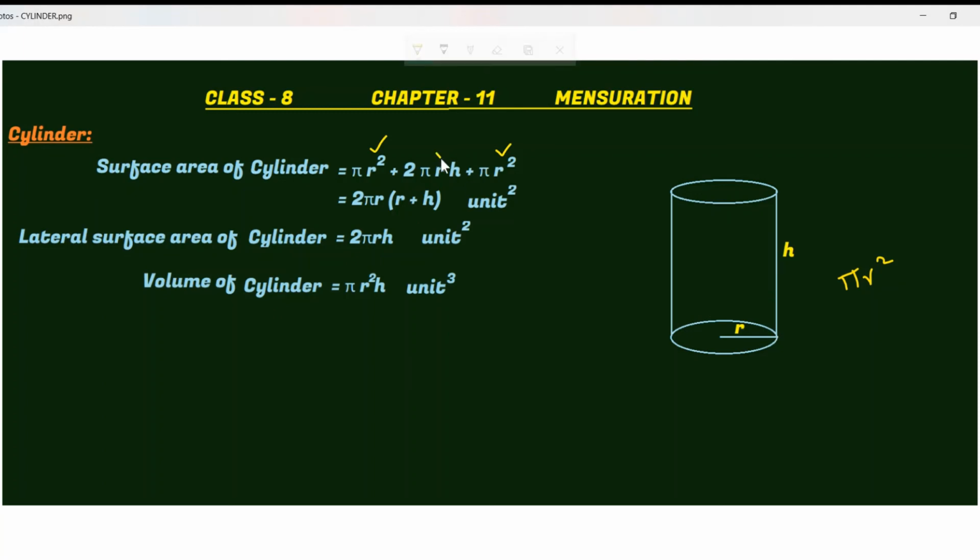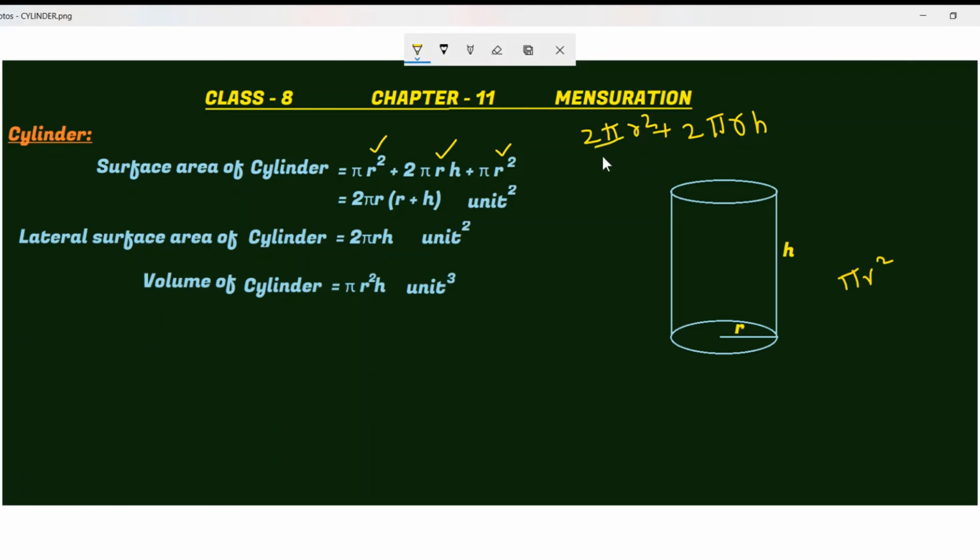So we have written here pi r square plus 2 pi rh plus pi r square. So you can see there are 2 pi r square. If we add pi r square and pi r square, you will get 2 pi r square plus 2 pi r h. In this you can see 2 pi and r is common.